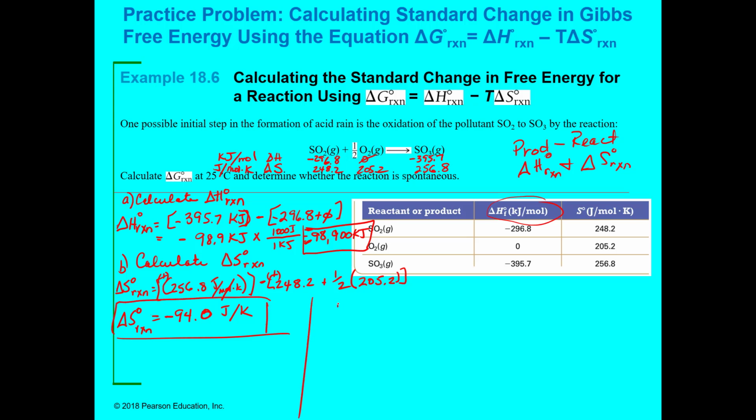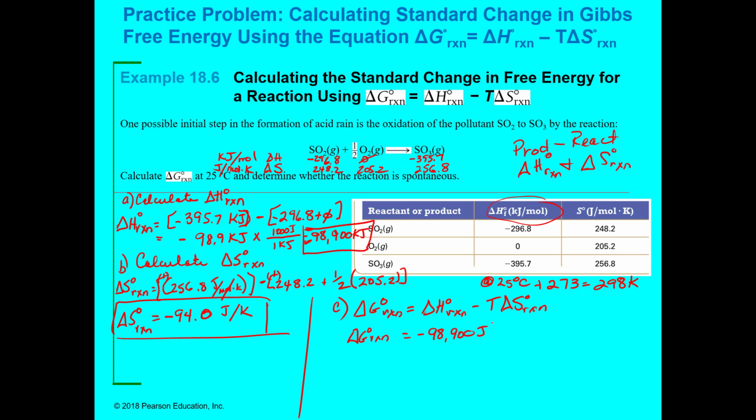And so now all I have to do lastly is calculate the delta G at 25 degrees C. So I know that is 298 K because I have to do that in order to have the proper units. So delta G0 reaction is going to be equal to the delta H0 reaction minus T times delta S0 of reaction. So now I just go back and I pick up my numbers. Delta G0 of reaction is equal to a negative 98,900.